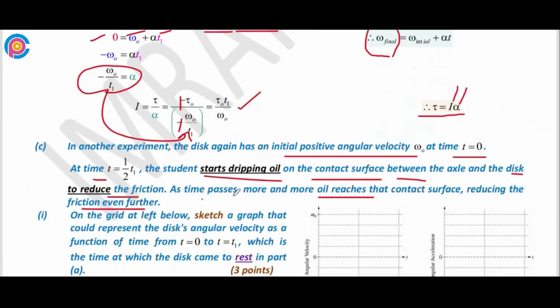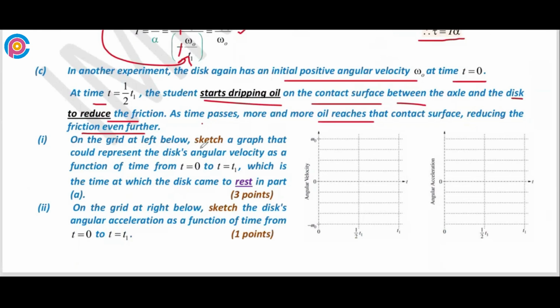Now, again, on the grid, sketch the graph that represents the disk's angular velocity as a function of time from 0 to t1, which is the time at which the disk came to rest in part A. And on the grid below, sketch the disk's angular acceleration as a function of time from 0 to t1.